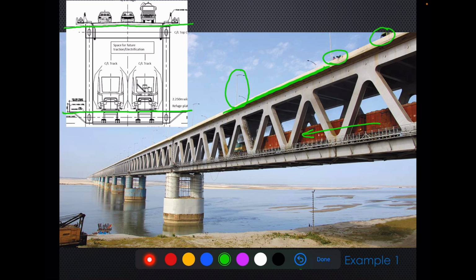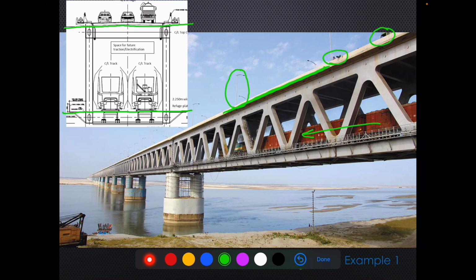This is quite obvious so that the heavier traffic loads have been kept at a lower level to keep our lever arms and forces within reasonable limit. And this arrangement makes overall girder economical.